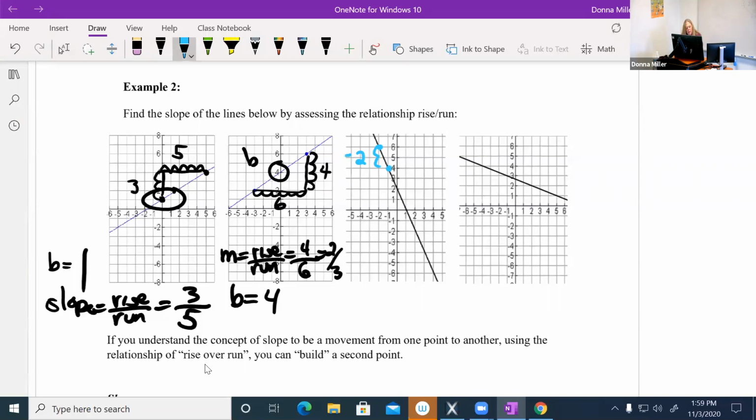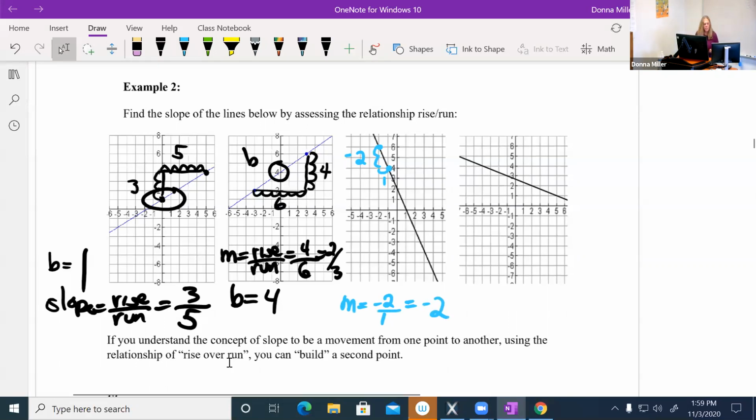So my rise is -2, and my run is 1, right? I went over 1. See that slope is negative because it's going down. So m would be -2 over 1. So it's -2. All right, is that okay? And the B is 2, right? I think we got that now.